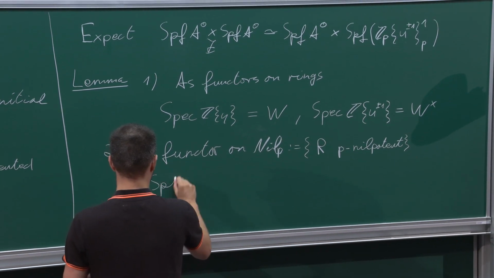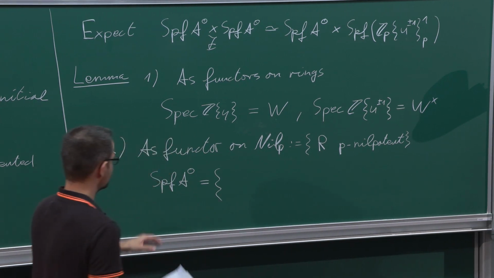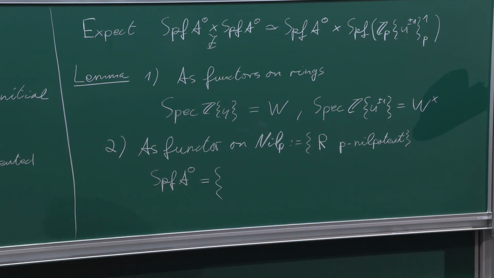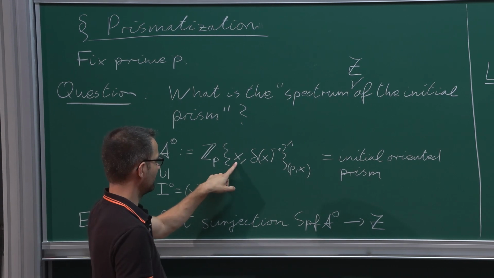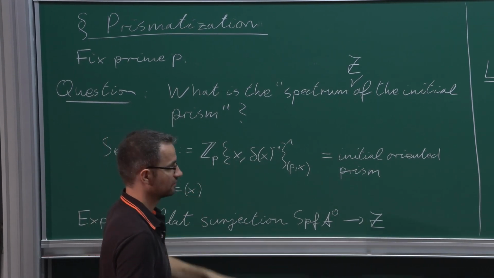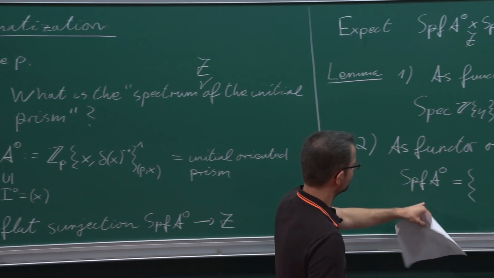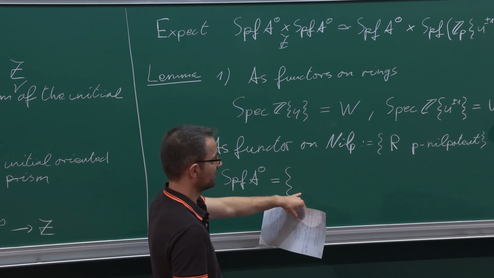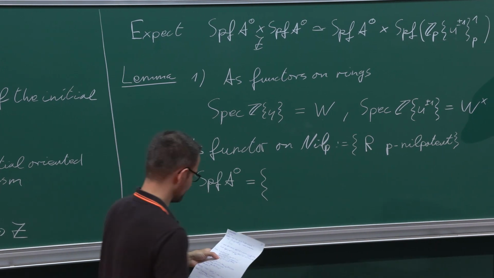Also, this functor Spf of A0 will define a subfunctor of the spectrum of the free delta ring on X. And so, therefore, we can, using that description, also describe the subfunctor in terms of elements of the Witt vectors.